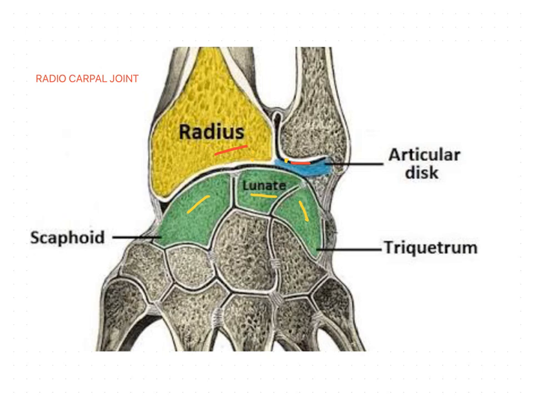The proximal row articulates with the radius, mainly the distal radius, and it also articulates with this articular disc.